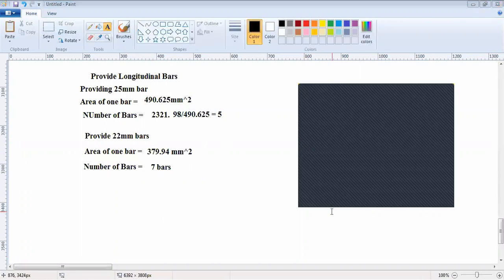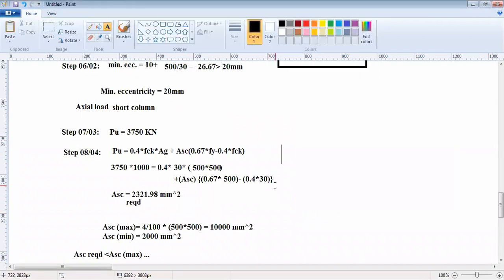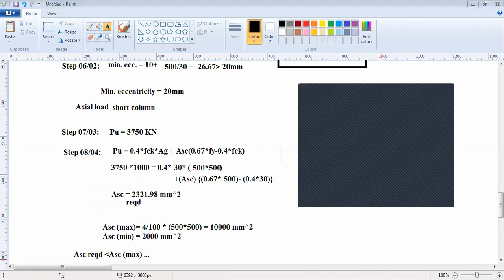Let's also check for 20 mm bars. For 20 mm bars you would get 20 into 20, that's 314. If we check for 20 mm bar, 314 would mean that you require 8 bars.